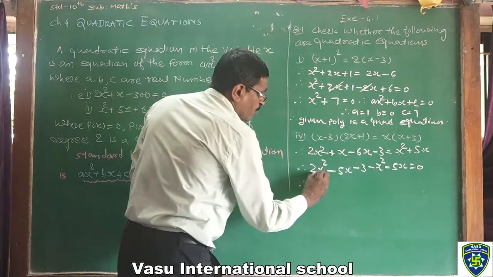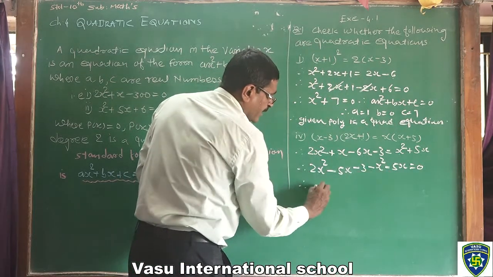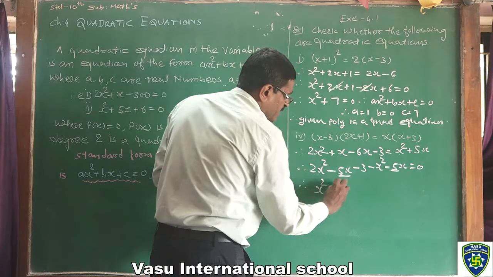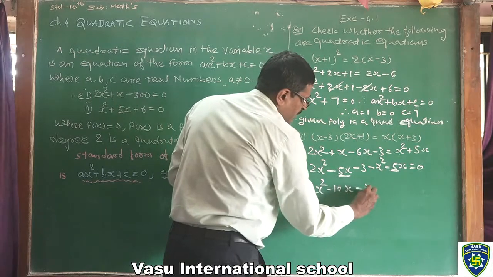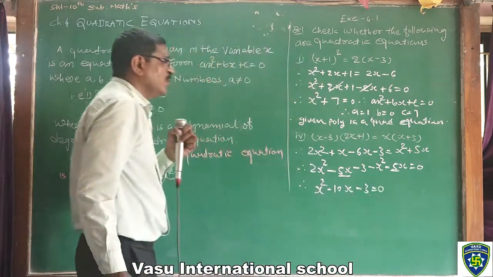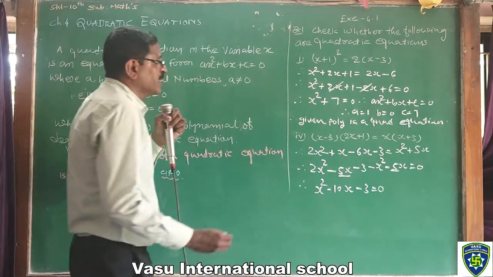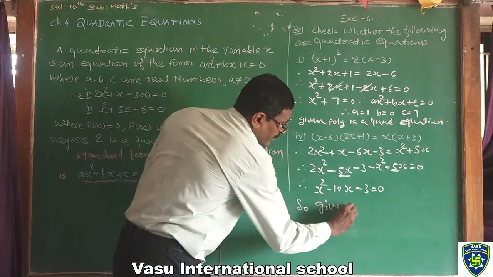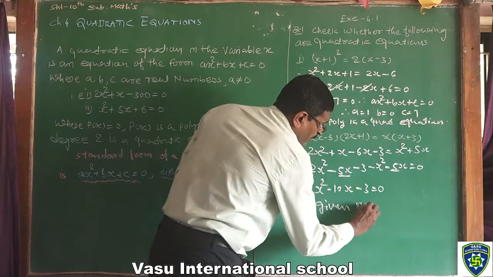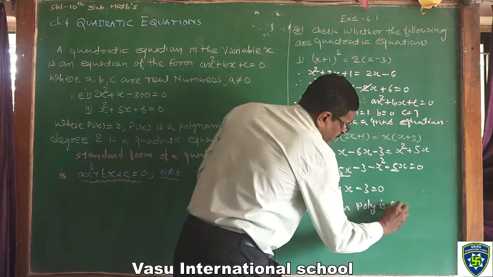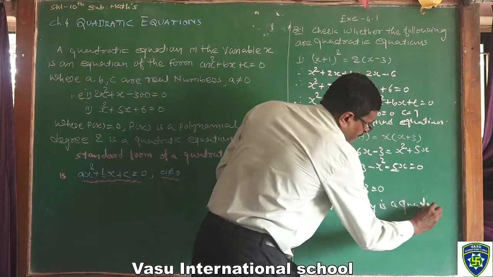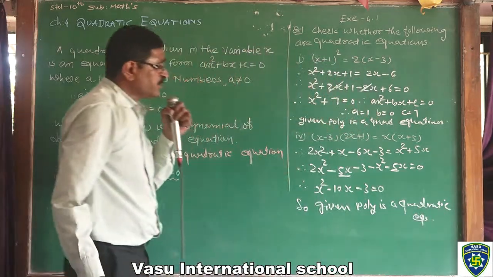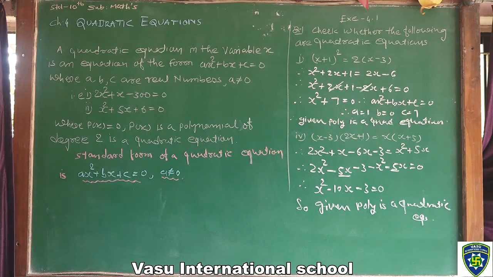So, 2x square minus x square, then x square left, and x minus 6x minus 5x gives minus 10x, minus 3 is equal to 0. So, it is a quadratic equation. So, the given polynomial is a quadratic equation. Clear, student?